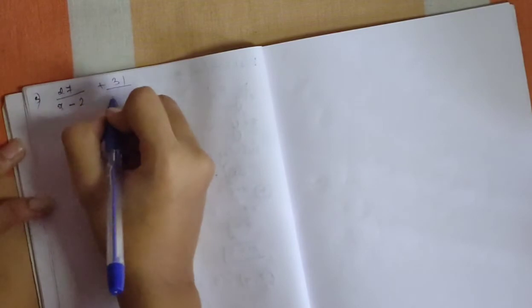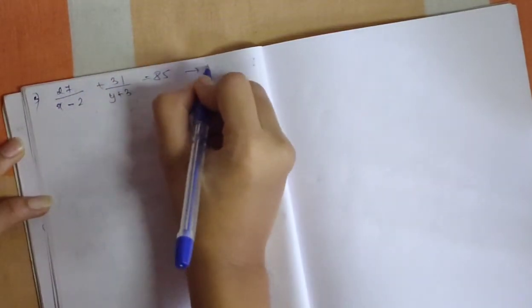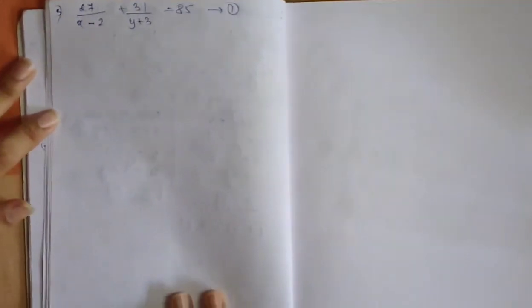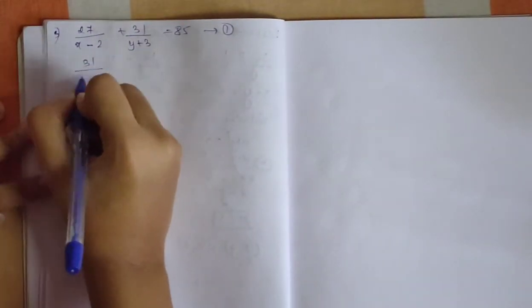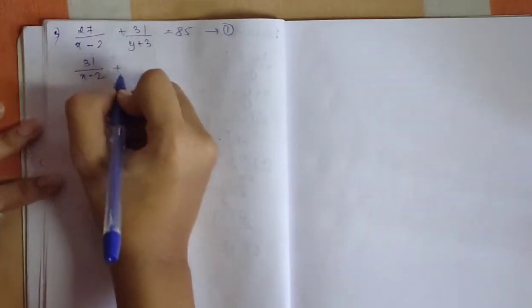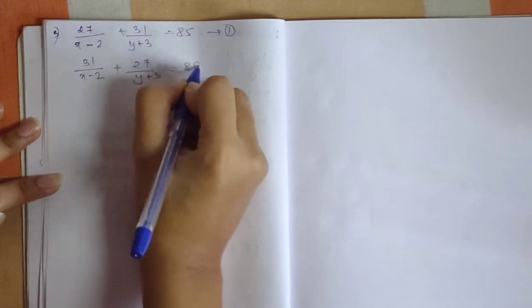So what does the third sum say? 27 by x minus 2 plus 31 upon y plus 3 is equal to 85. Equation number 1. Next, 31 upon x minus 2 plus 27 upon y plus 3 is equal to 89.